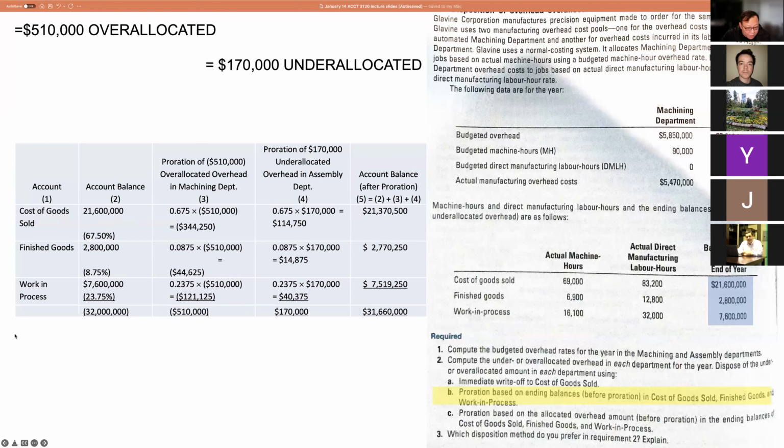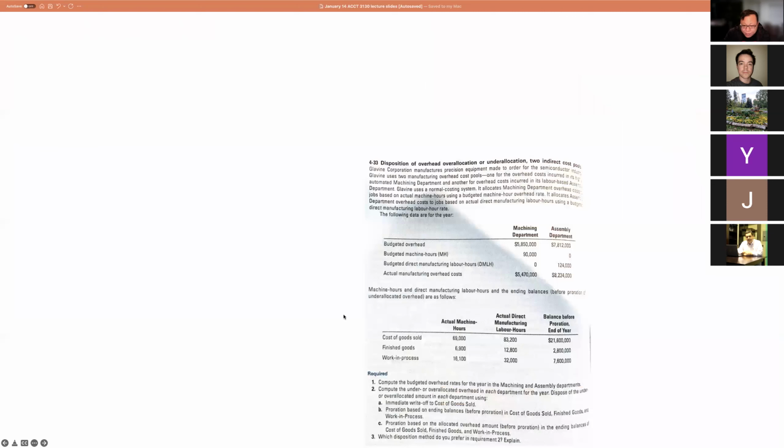Okay, let's move on. The third approach is that the proration is based on the allocated overhead amount before proration. So instead of being based on the balance, it is based on the amount of the overhead allocation.